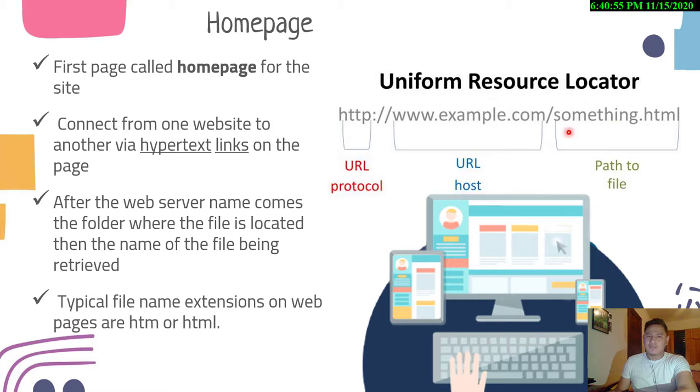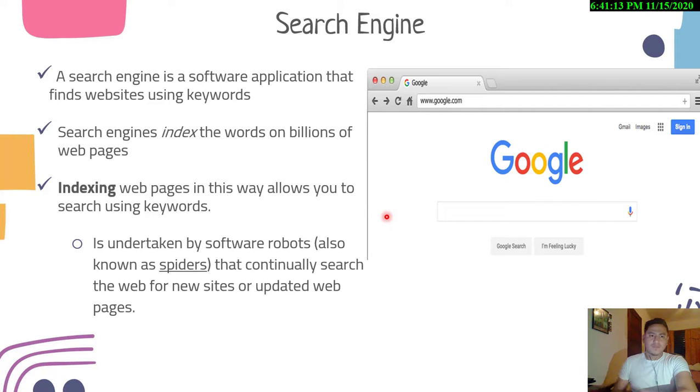This is telling me where the file is located, okay? And then this other extension here is the name extension on web pages that is telling me what type of file I'm accessing, okay? So this is the structure of a URL, okay?